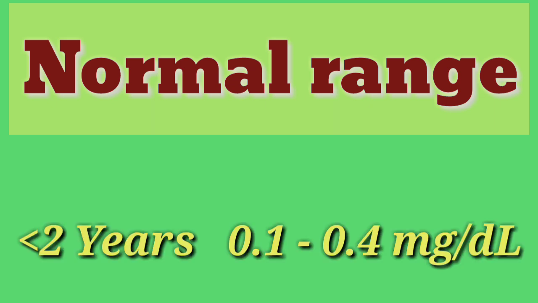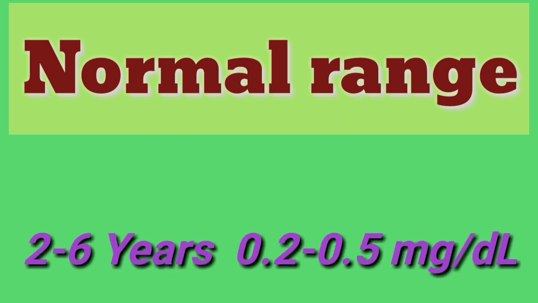The normal range varies from lab to lab, kit to kit, age to age, and sex to sex. Below 2 years, the normal range of creatinine is 0.1 to 0.4 mg per deciliter. At the age of 2 to 6 years, the creatinine level is 0.2 to 0.5 mg per deciliter.